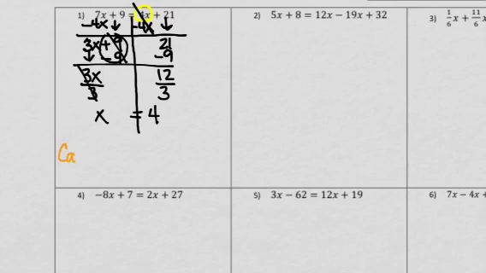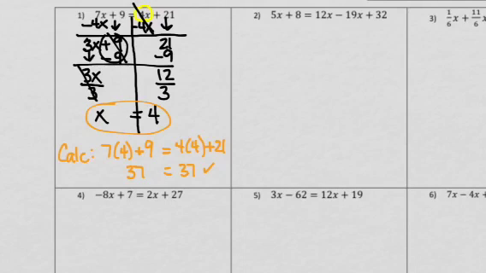So on my calculator, I would do 7 times 4 plus 9, and the other side would be 4 times 4 plus 21. So when I plug that in, I get 37 on this side, and I get 37 on that side. So that means that my answer, x equals 4, was right.